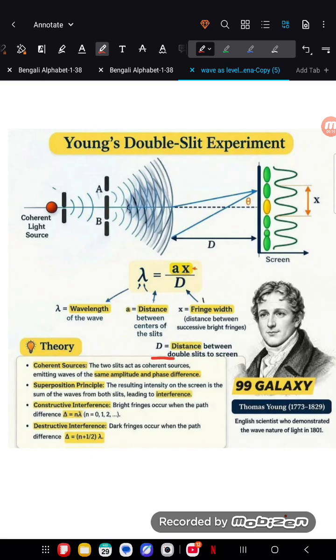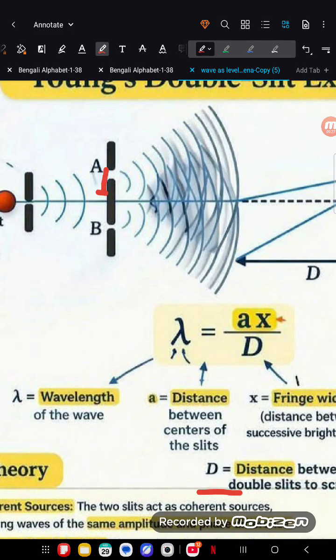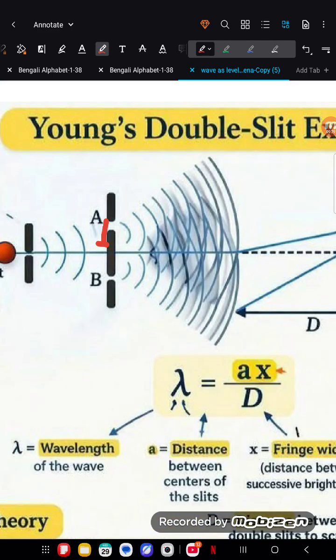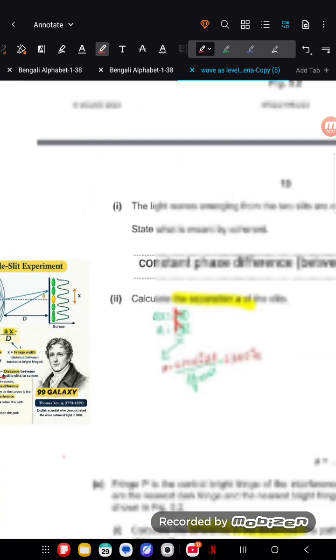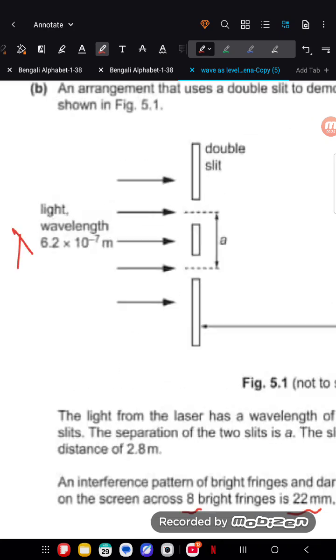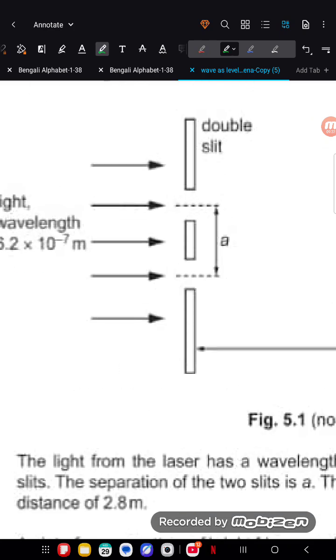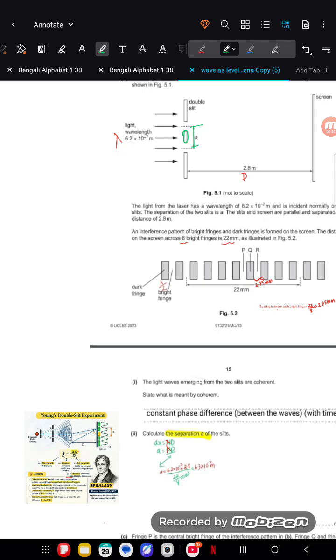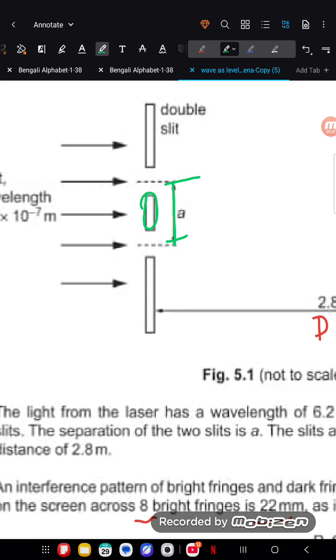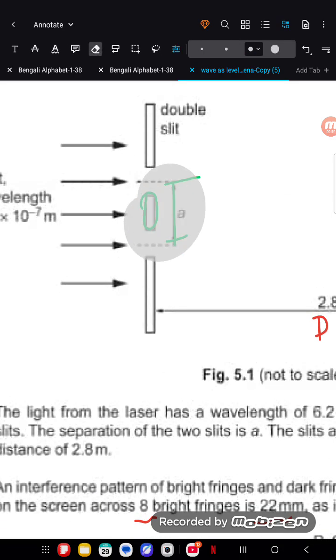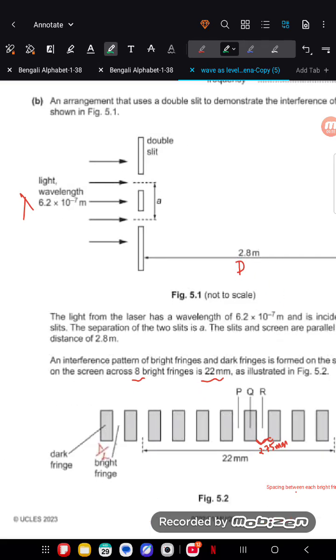So don't get confused. Again, A is the distance between the centers of the slits. In the question they give you A, you can see, this is the slit and this distance is A. So don't get confused.